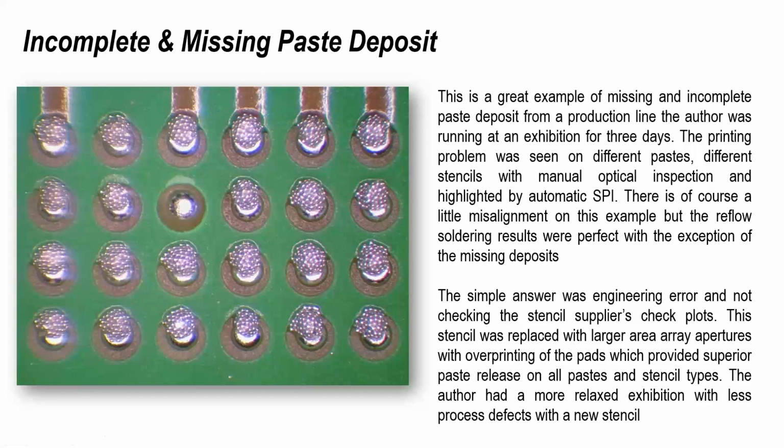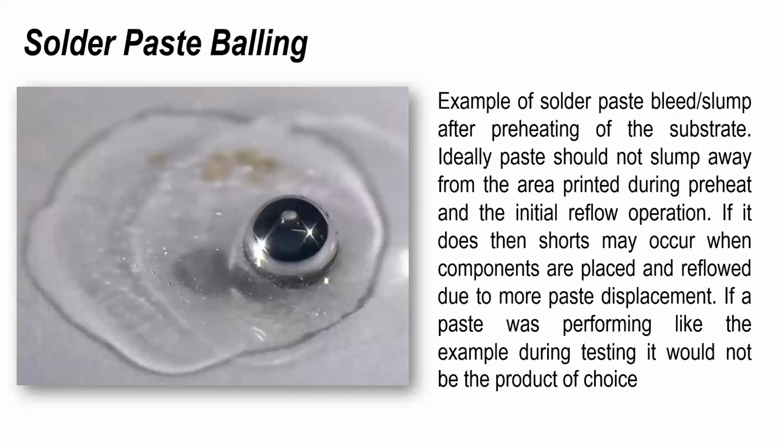I get this a lot as well, where contract manufacturers say, well, it's not my responsibility, it's the designer. Well, who's the expert in printing? The contract manufacturer. So please check the information, and certainly check the check plots that you get back from the stencil manufacturer if you're a contractor. If you want a good, easy life, it's one way of achieving that.